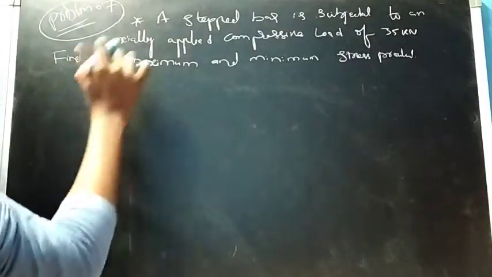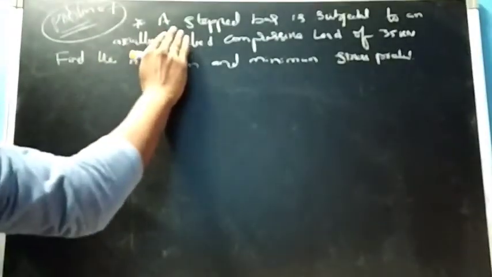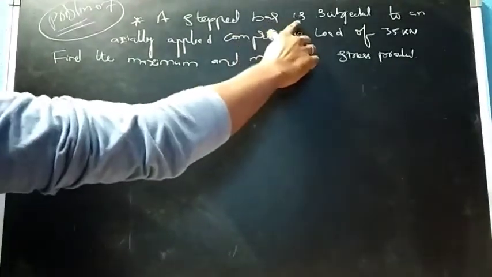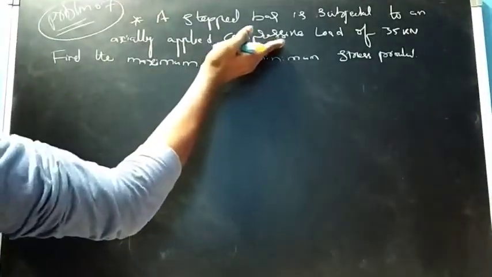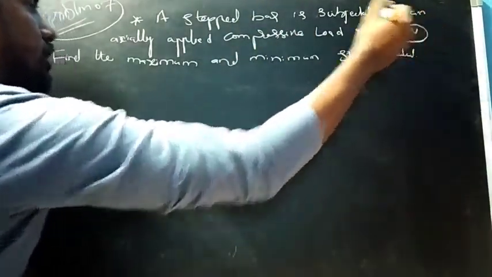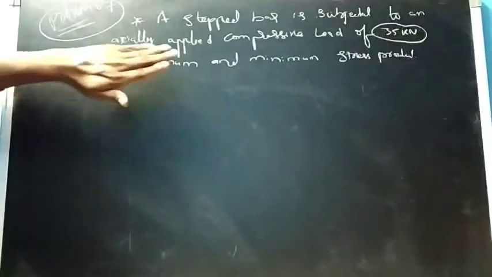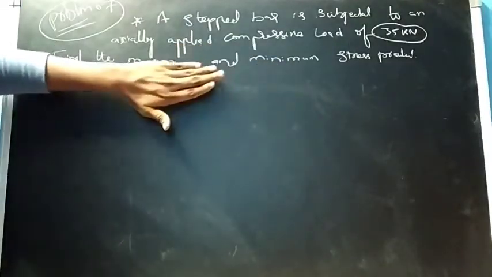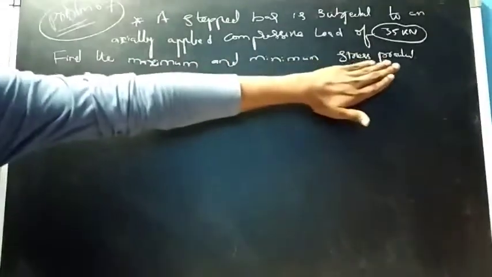So the question is given: a stepped bar is subjected to an axial applied compressive load, that is 35 kilonewton, right? So he is asking to find maximum and minimum stress produced.